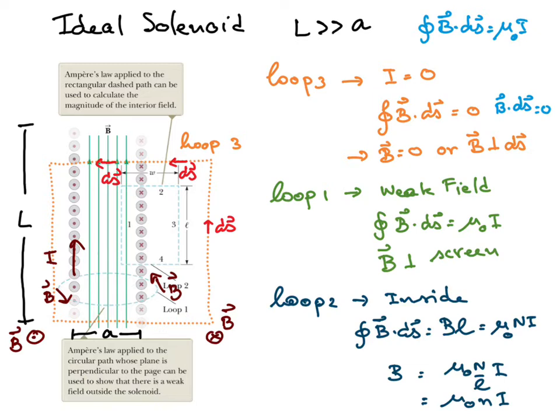So the integral of B dot ds here is just the integral of B dot ds along path number 1, which is this path.